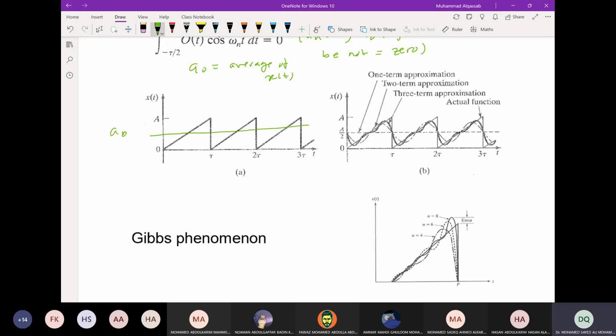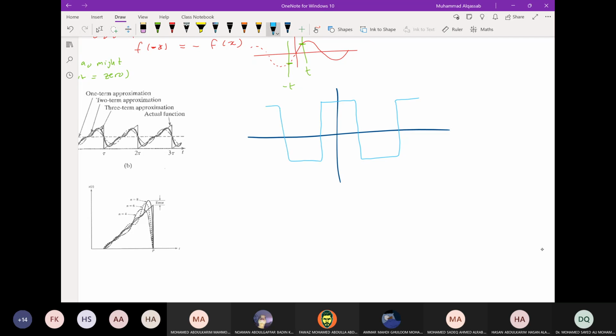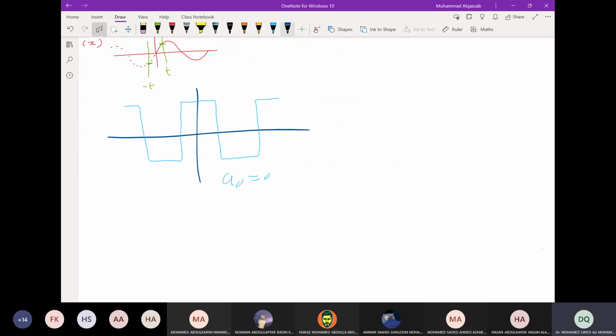That's called the average. If you have a function that is changing above and below, for example, the average A0 is zero here because the average is zero. If you have a function like this, A0 is not zero because the average is somewhere above the zero line.